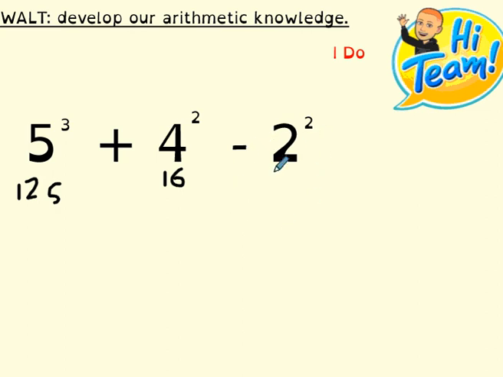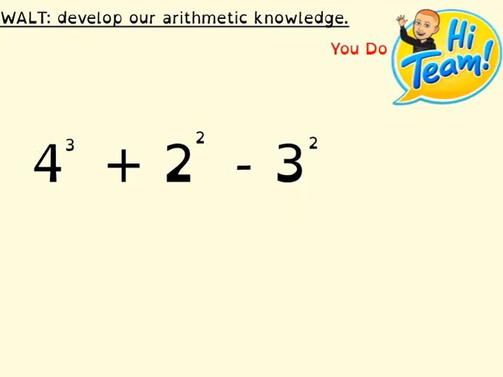And 2 squared is 2 times 2, which is 4. So if I'm going to add these two values together, I'd get to 141. Subtract the 4 would give me an answer of 137. Your turn. Pause the video.